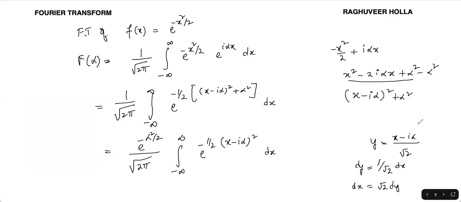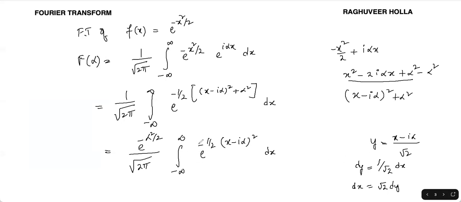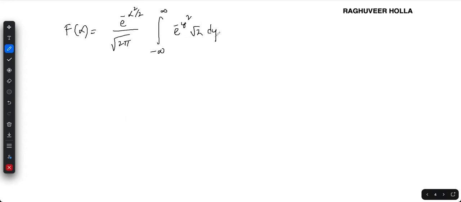So there is no change in the limits of the variables here. So let us substitute it. As I said, this will be e to the power of minus alpha square by 2 divided by root 2 pi, integral from minus infinity to infinity of e to the power of minus y square into root 2 into dy.